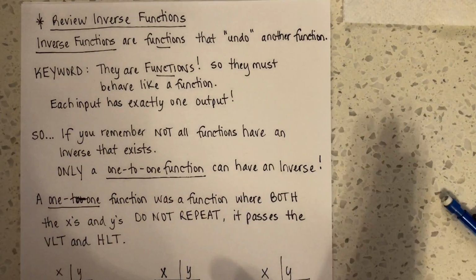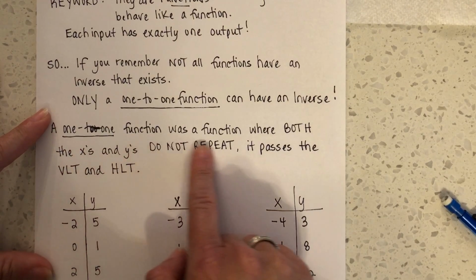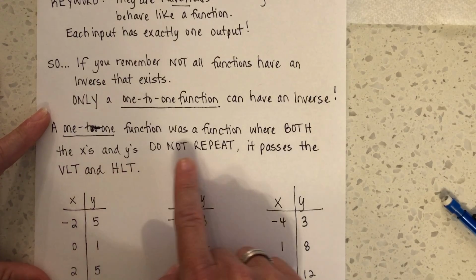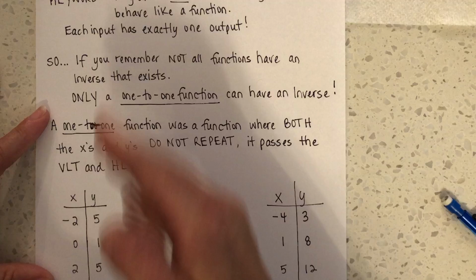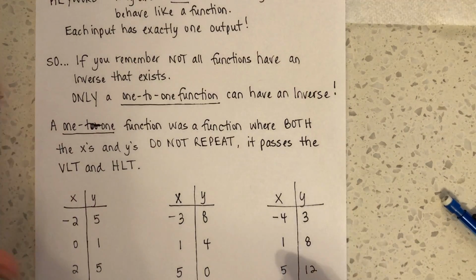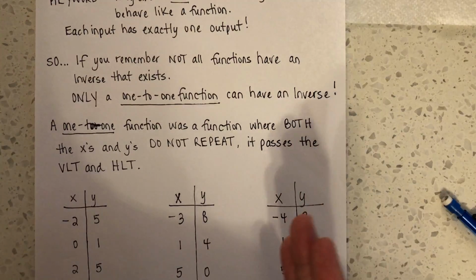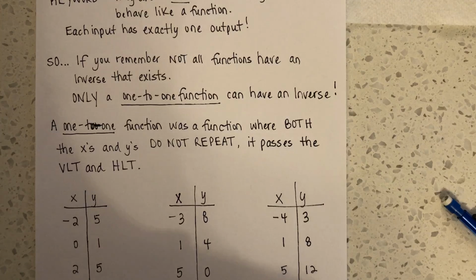If you don't remember what a 1-to-1 function is, it was a function where both the x's and y's do not repeat. It is a function that passes the vertical line test and the horizontal line test. That way you can prove that the x's and y's don't repeat. And it's important that it's a 1-to-1 function if you want the inverse to exist, all right?